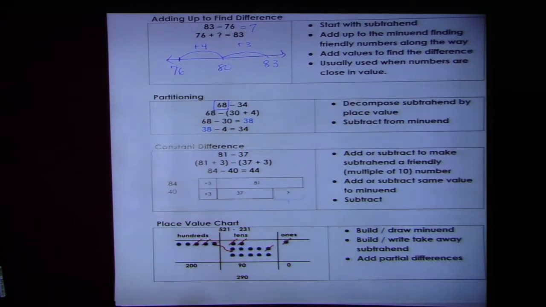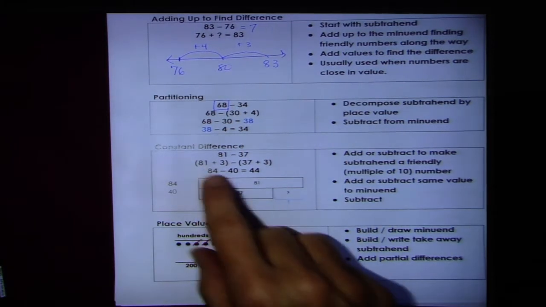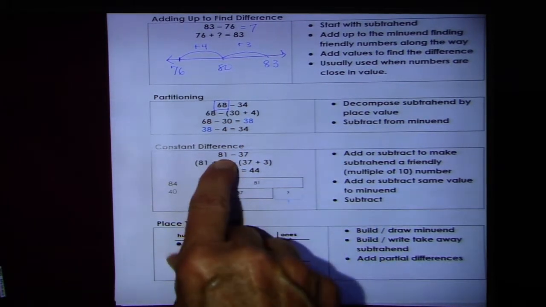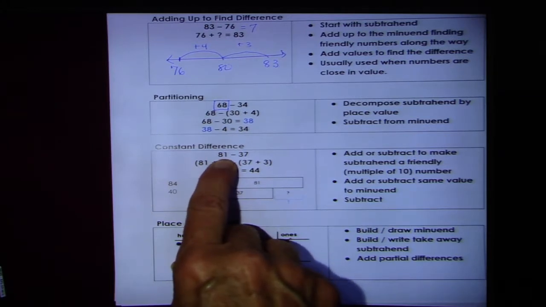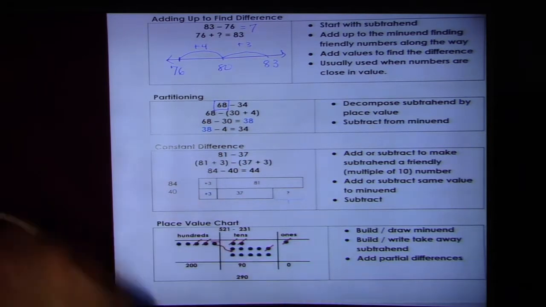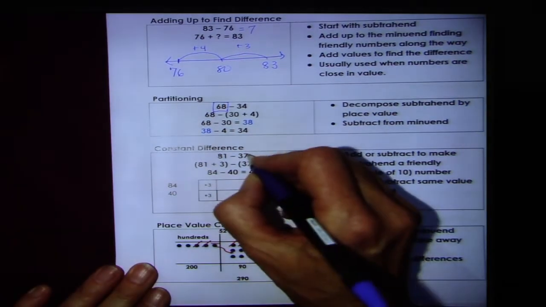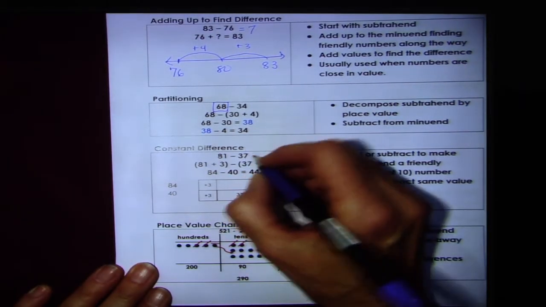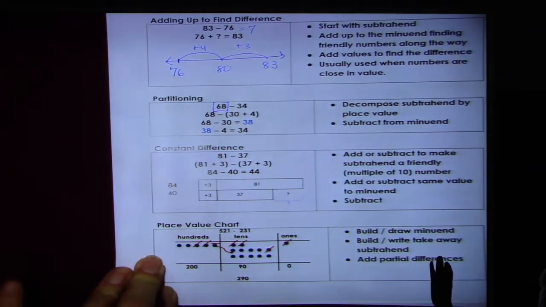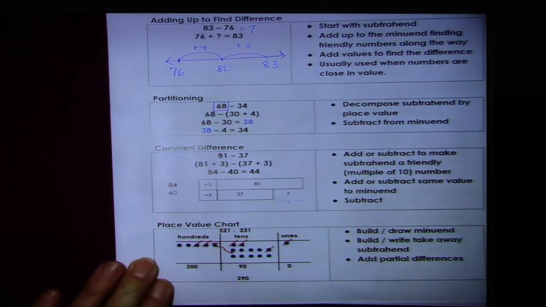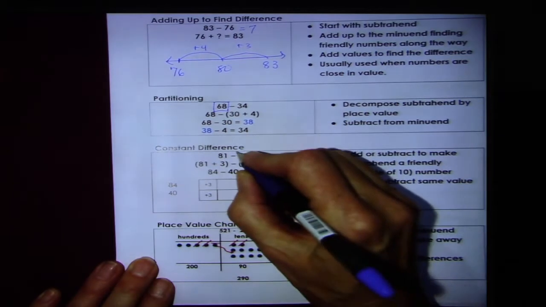But when we get into bigger numbers, like 81 minus 37, that's a lot of regrouping. What if I make, and this is important, we're making the subtrahend, and I'm going to explain myself. We talked about this language earlier, ladies. We always look at this number.